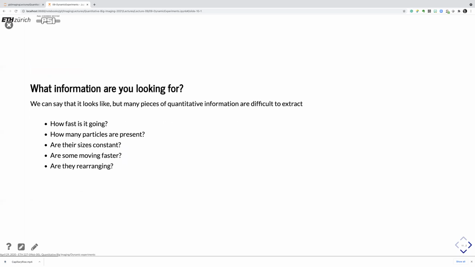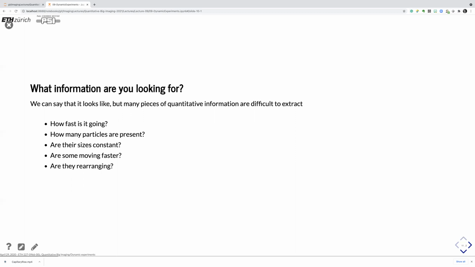Again, as usual, when you start doing analysis, you have to ask yourself which information you're looking for. It must be something that you can quantify. The first question is, how fast is something going? How many particles are present? Are the sizes constant? Are some moving faster?